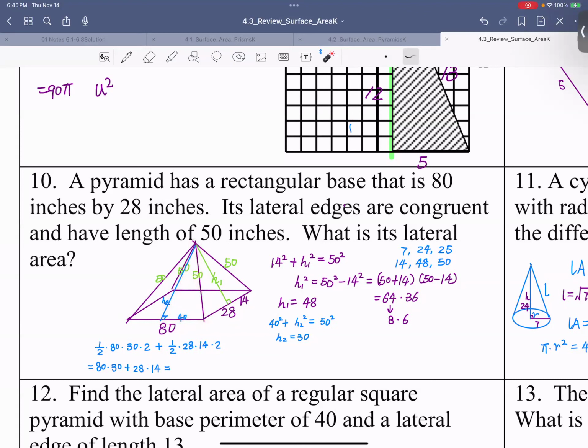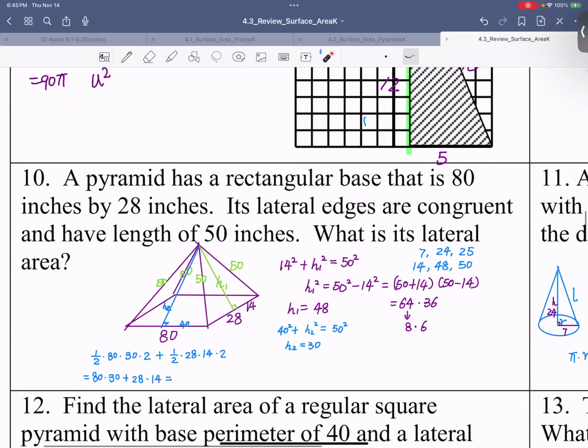So you do 50 squared equals that guy squared plus 40 squared. Make sense? We know the Pythagorean theorem numbers. 50, 40, you think this will be how long? 30?